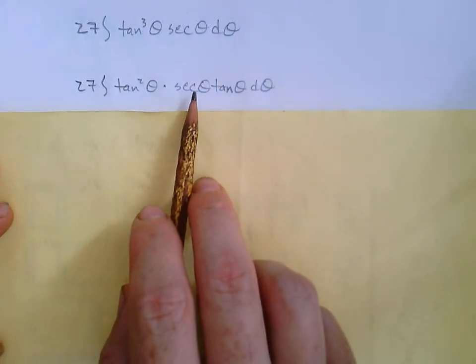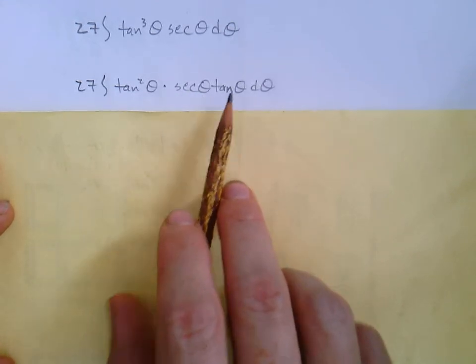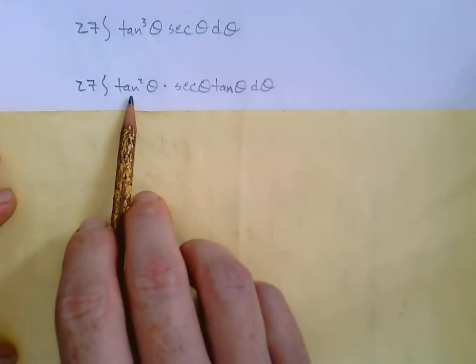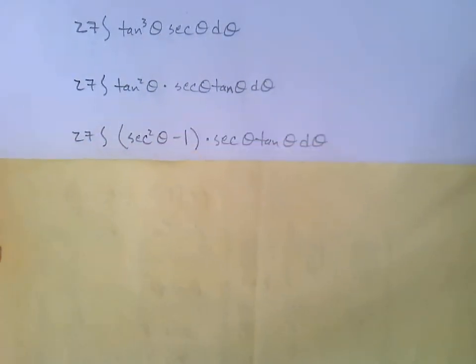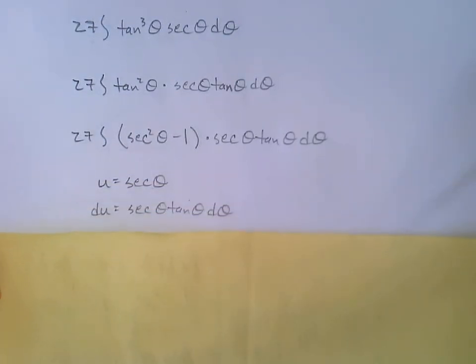So if our du is set up to be secant tangent, that means our u needs to be secant. We're going to need a trig identity there. Rewrite that as secant squared theta minus 1, and then go for our u sub.